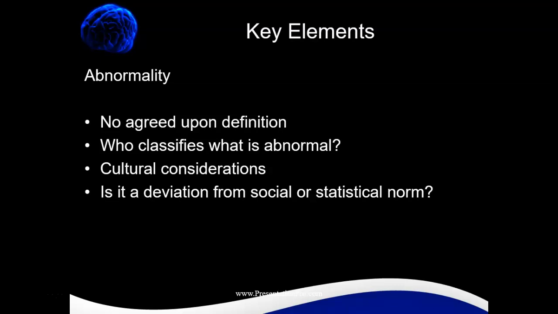All these things have elements of normalcy, and so the comparison is what is listed in terms of statutes, policies, expectations in a society versus what a person is experiencing. And that can change from society to society, culture to culture. So those cultural considerations are very, very important.